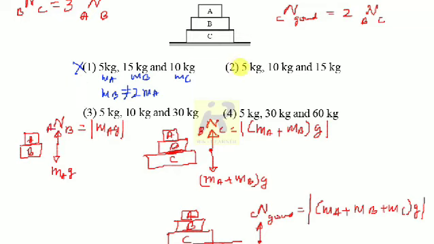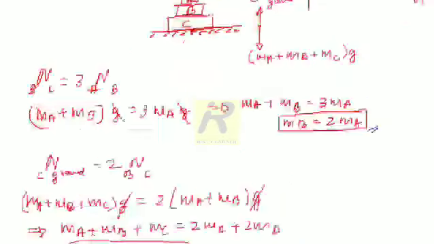And here it is MA and this is MB, this is MC as it is. Here this is true, right? So MB is 10 kg and this is MA, so MB is definitely equal to 2 times MA. This is true. And what about the other condition?